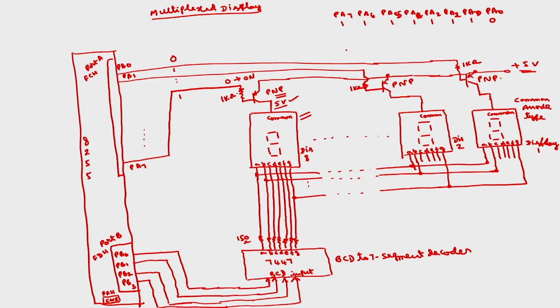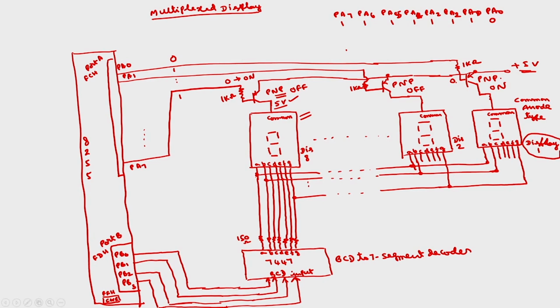So only the last display will receive logic 0 and be on, and the remaining will all be off, because we send logic 1, which means an open circuit. Now the last digit, display 1, will be selected.